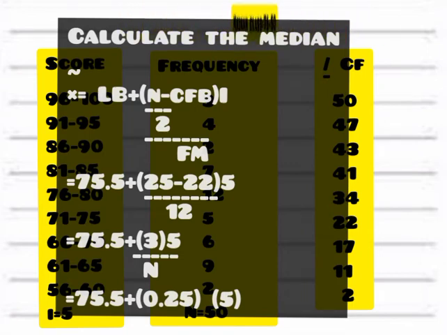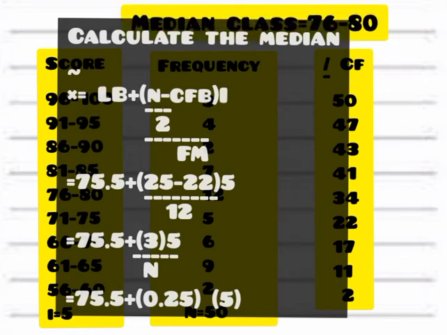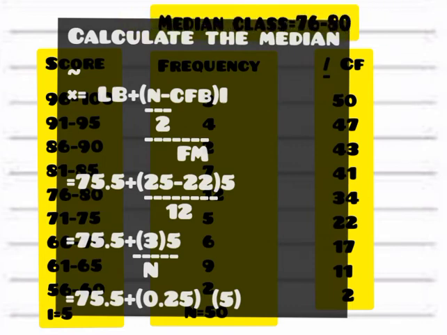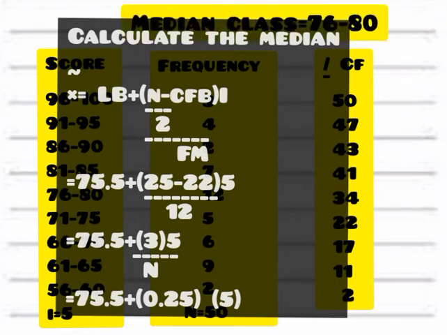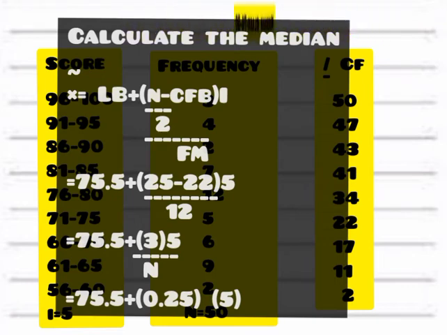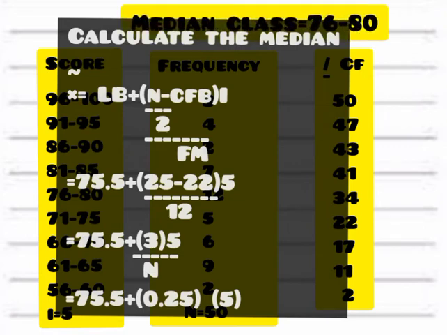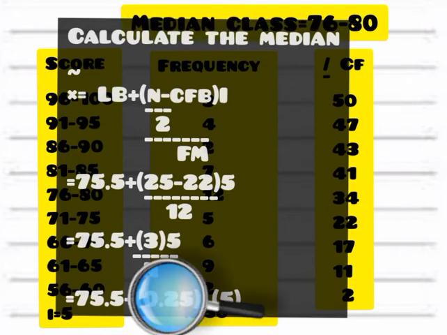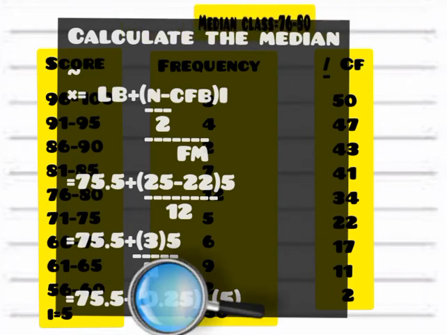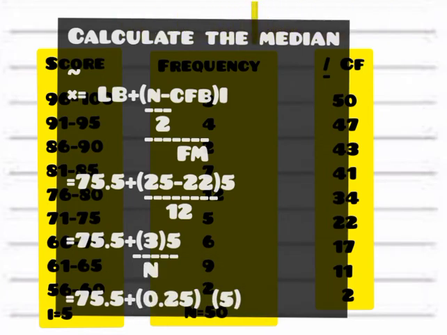So next, 75.5 plus 25 minus 22, that is 3, over 12, times 5. For the value inside the parenthesis, 3 over 12, we just divide it. 3 divided by 12, the value we get is 0.25, times 5.